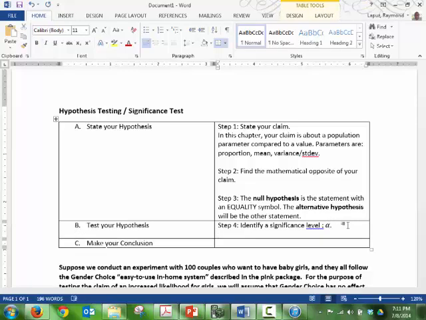So in our class, if alpha is not given, assume it to be 0.05. That is going to be our default alpha.